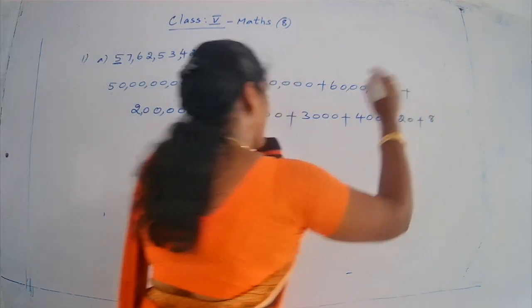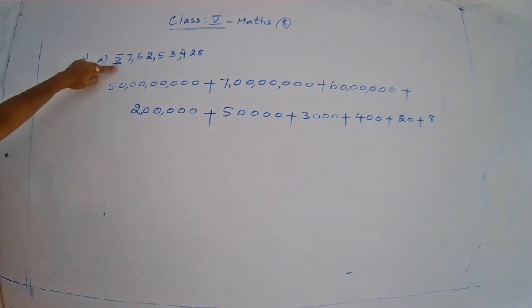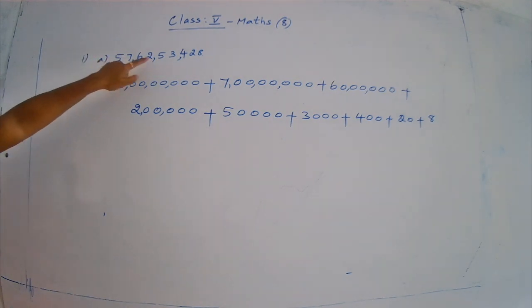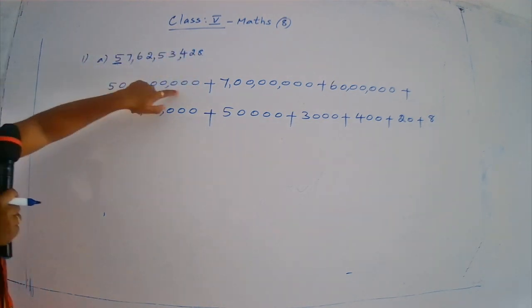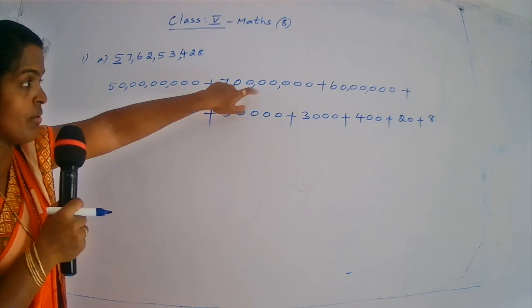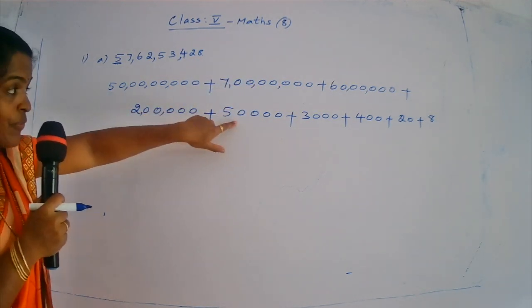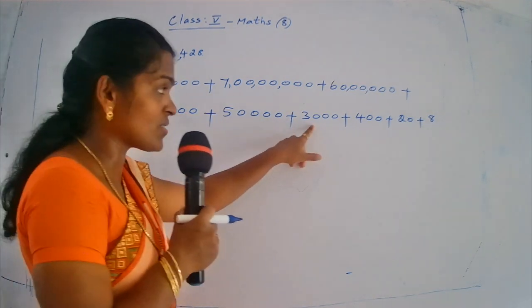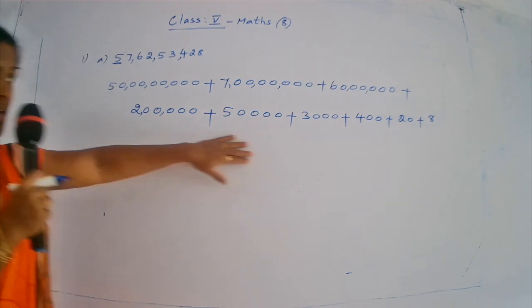That's why you put 8. So the expanded form of 57 crore 62 lakh 53,428 is 50 crore plus 7 crore plus 60 lakh plus 2 lakh plus 50,000 plus 3,000 plus 400 plus 20 plus 8.